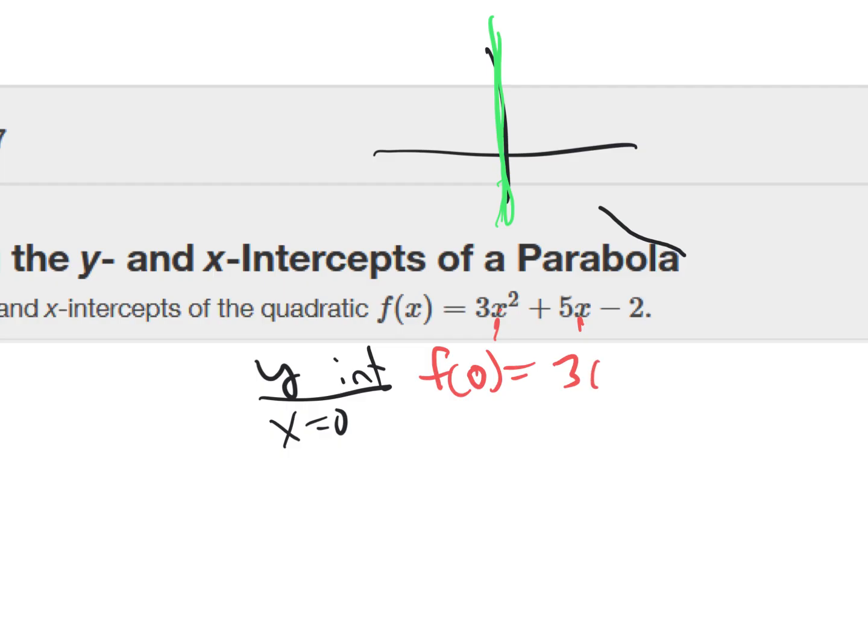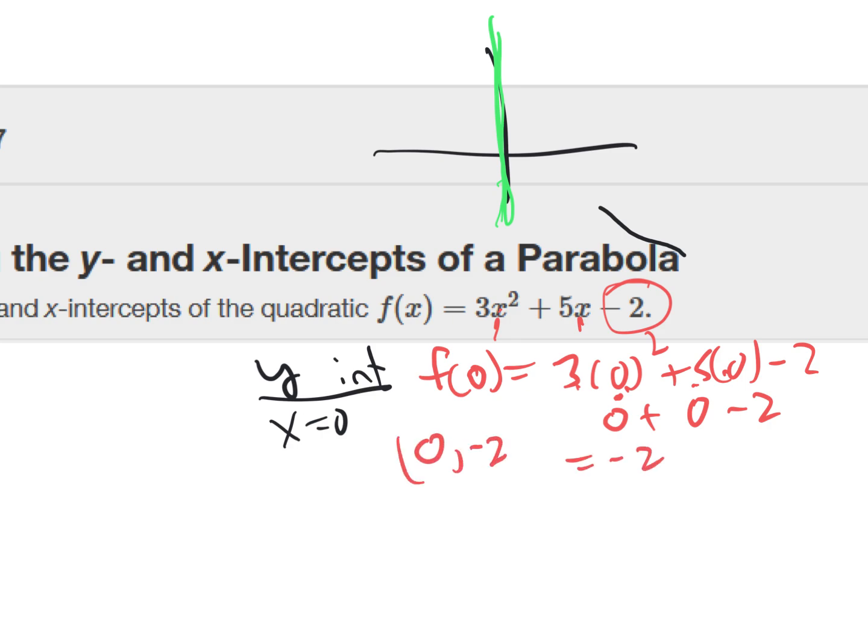That's 3 times 0 squared plus 5 times 0 minus 2. 0 squared is 0. 0 times 3 is 0. 5 times 0 is 0, minus 2. FYI, if you have your equation in general form, this answer will always be your y-intercept. 0, negative 2. Boom, there it is.